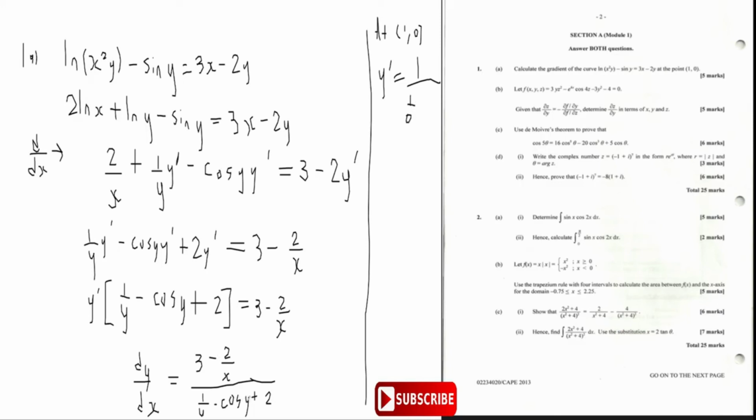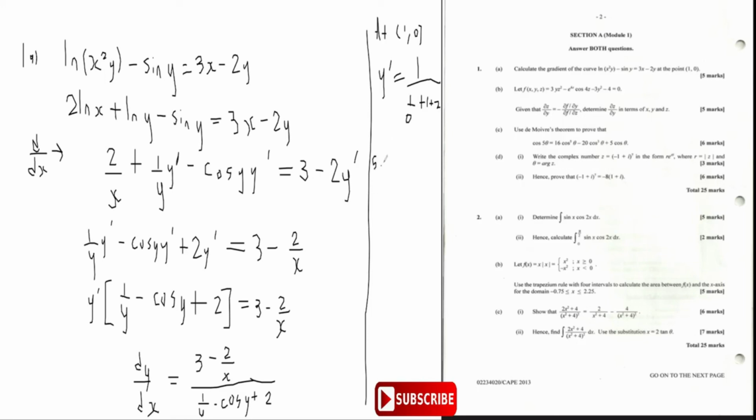And the cosine of 0, what is the cos of 0? I believe the cos of 0 is 1. So the cos of 0 is 1 plus 2. Now again, 1 over 0 is infinity, and 1 over infinity is 0.